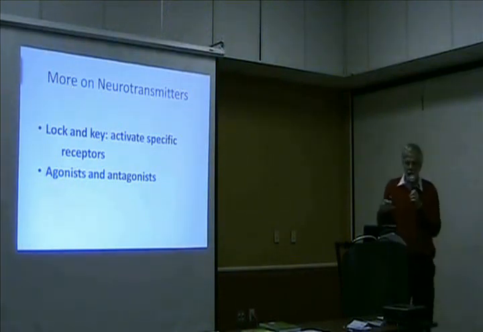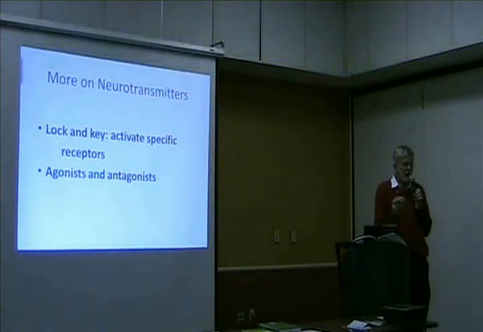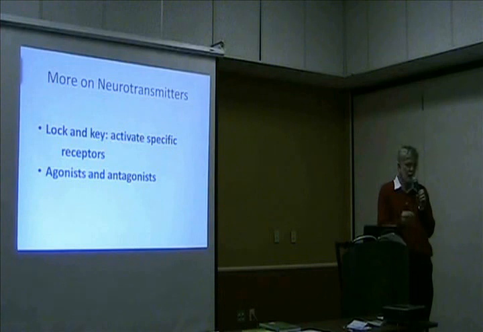Now, the flip side of this are antagonists. Antagonists block receptors. And the lock and key metaphor again is good. It's like if you have a deadbolt lock, your key will unlock it, okay? There are many other keys that will actually fit into the lock but won't unlock it.